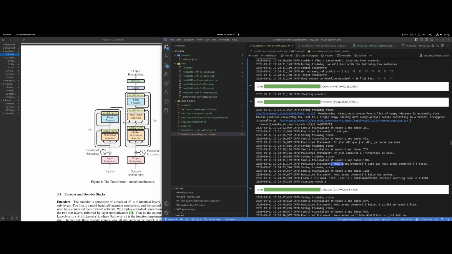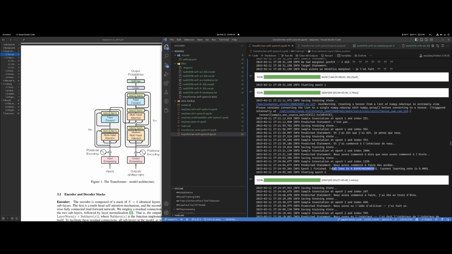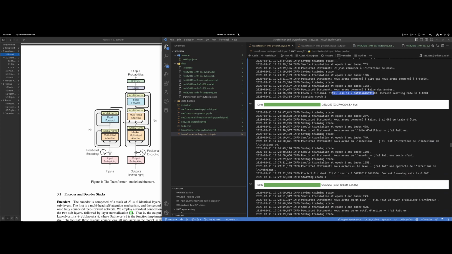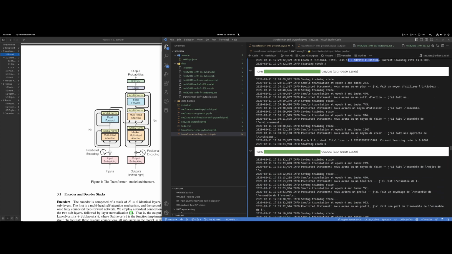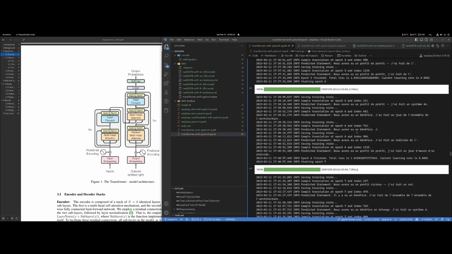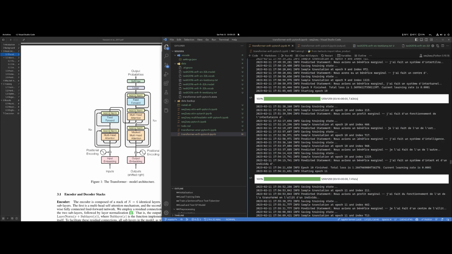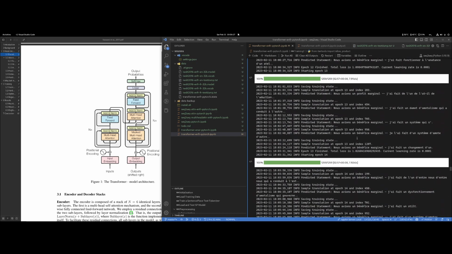After some time, it got the nous avons. It's wrong, it should be nous avions, but it's learning gradually, and you can see the total loss is initially high, but with more training epochs, it keeps reducing. I think I ran it for 30 epochs.